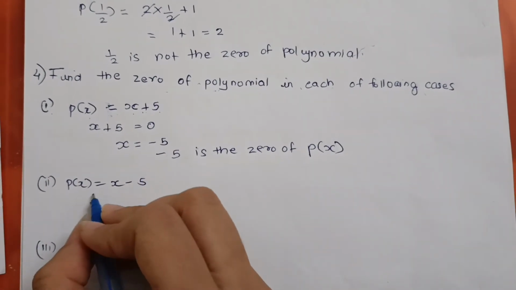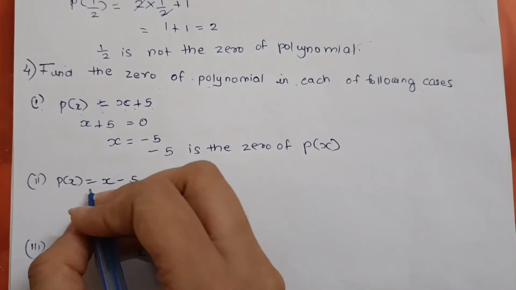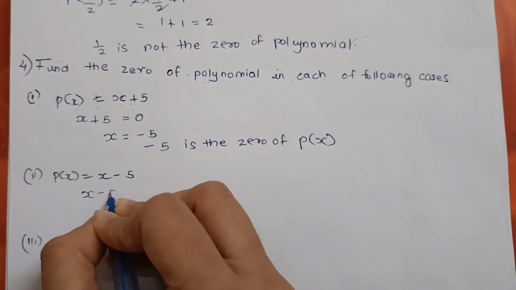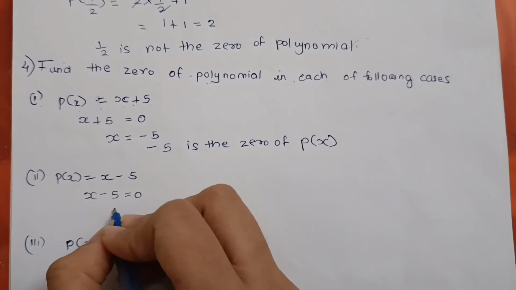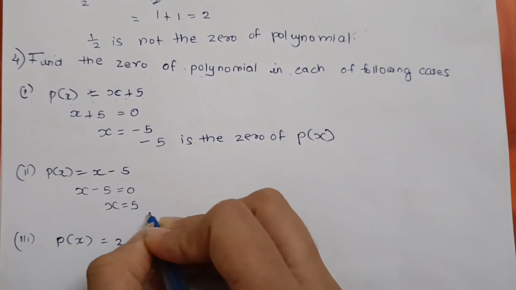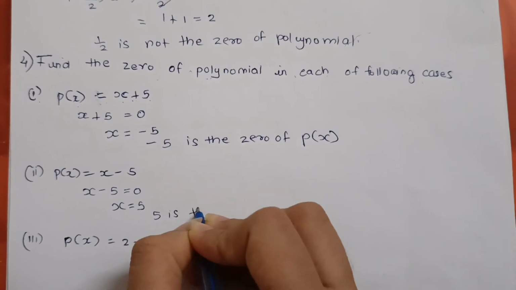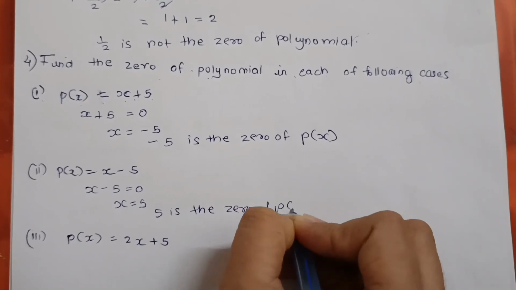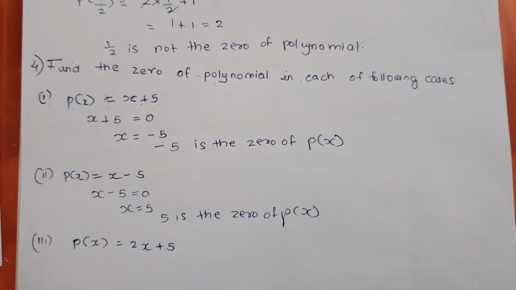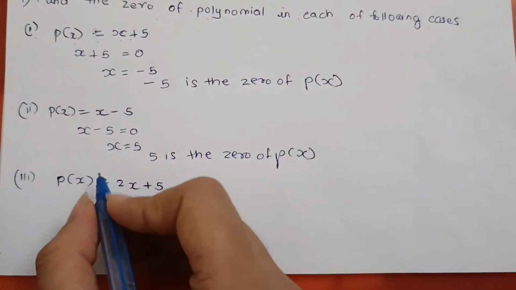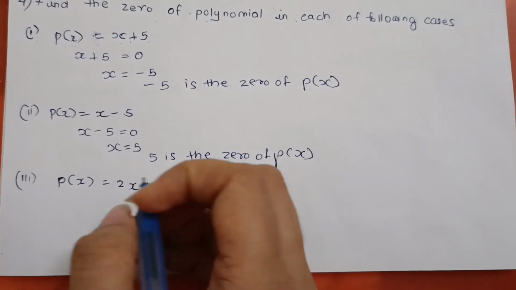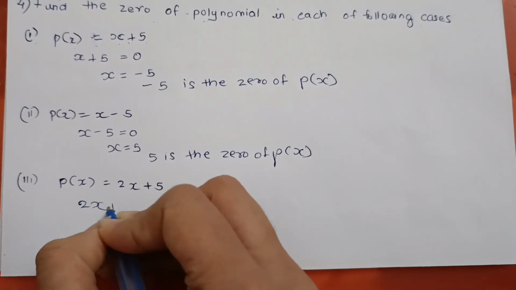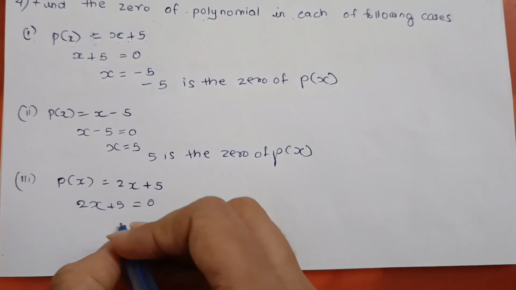Question 2. P(x) is equal to x minus 5. So x minus 5 is equal to 0. So x is equal to 5. Here 5 is the zero of P(x). Third, P(x) is equal to 2x plus 5. So 2x plus 5 is equal to 0.